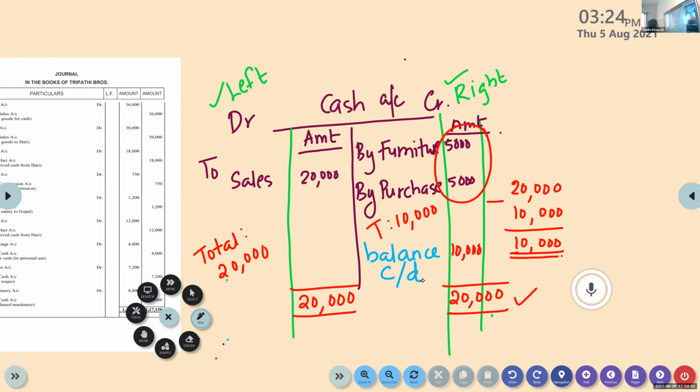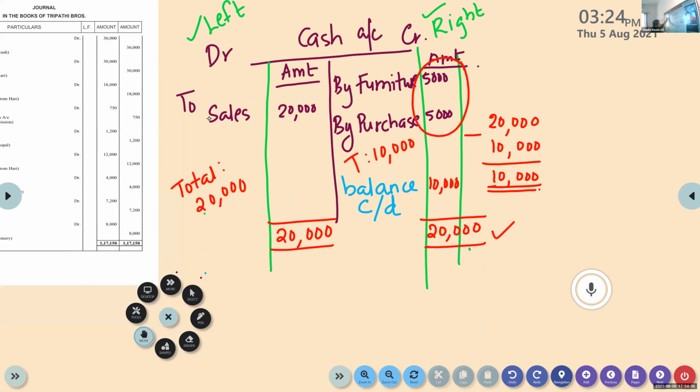Yes. So, this means that the debit side is having more amount. The left hand side has got a greater number, 20,000. So, whichever is higher, that is how the balance is known. Here in the cash account, you can say that the cash account is having a debit balance. Did you get me?